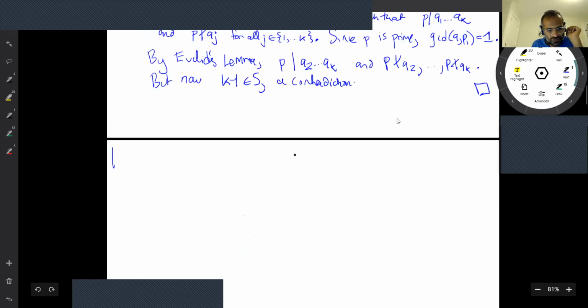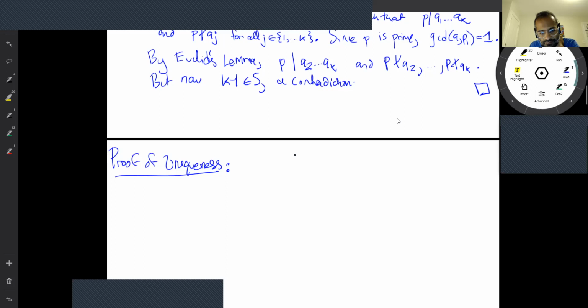The proof of uniqueness. Assume there is a number that has 2 different prime factorizations, right?